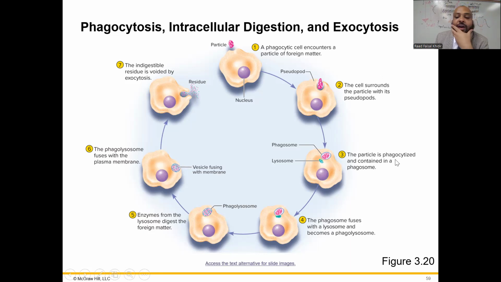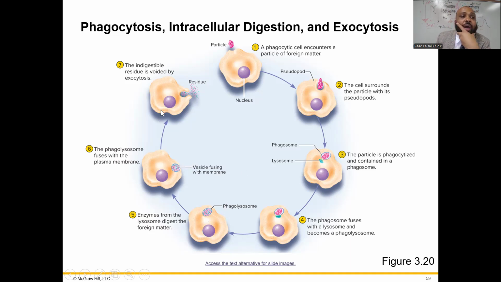So the phagosome fuses with the lysosome and becomes a phagolysosome. Now the enzymes of the lysosome digest the foreign matter, and then we're going to excrete it as residual bodies that are harmless to the body.